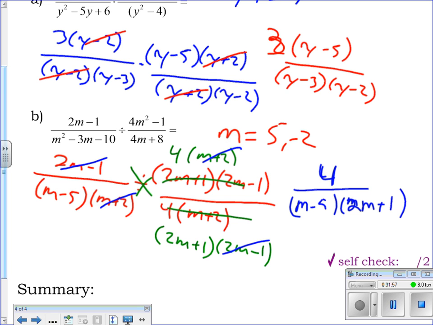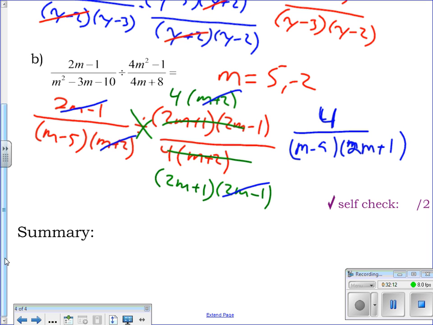Can't have 5. But what about the 2m plus 1? This is one that's going to trip up a lot of people for not allowing to be 0. If it's not an easy one to see, here's what you do. Take that 2m plus 1, set it equal to 0, and solve.